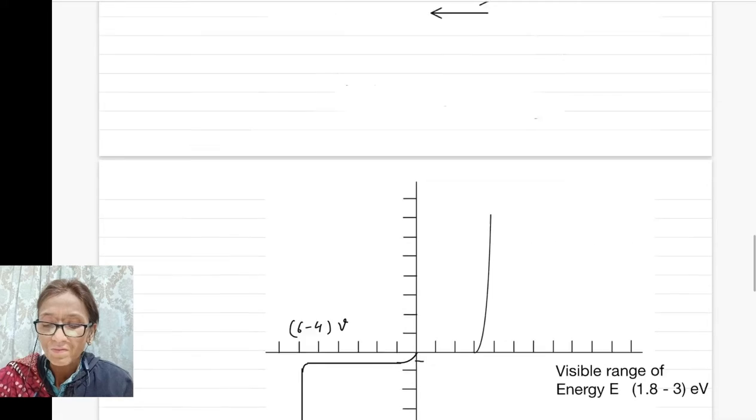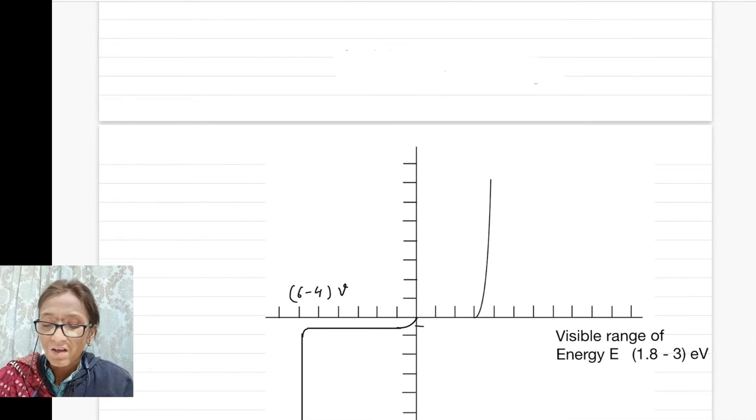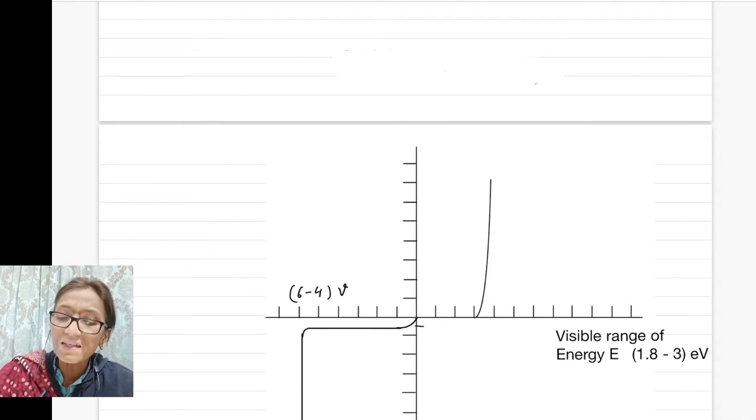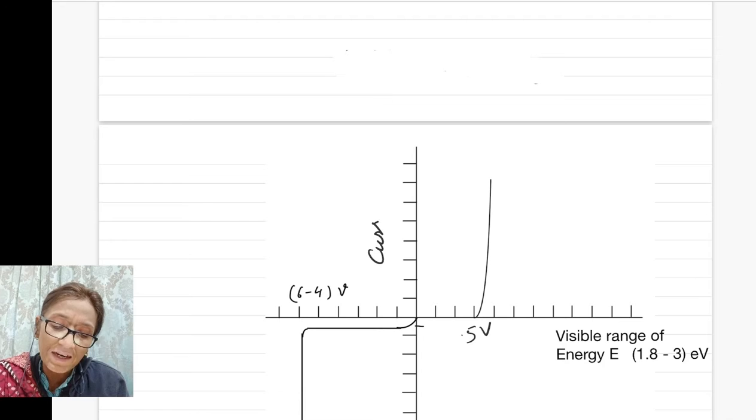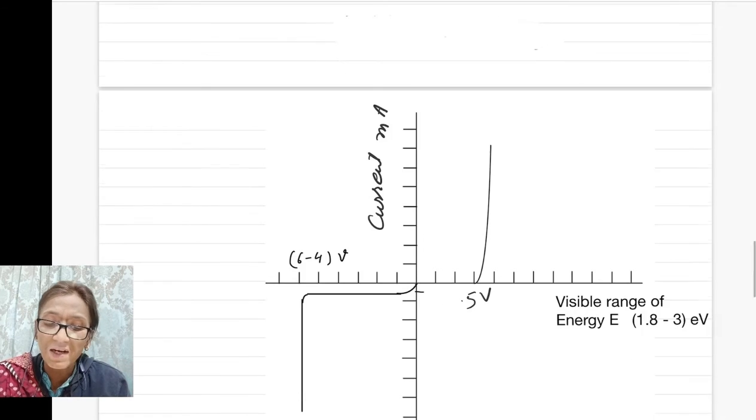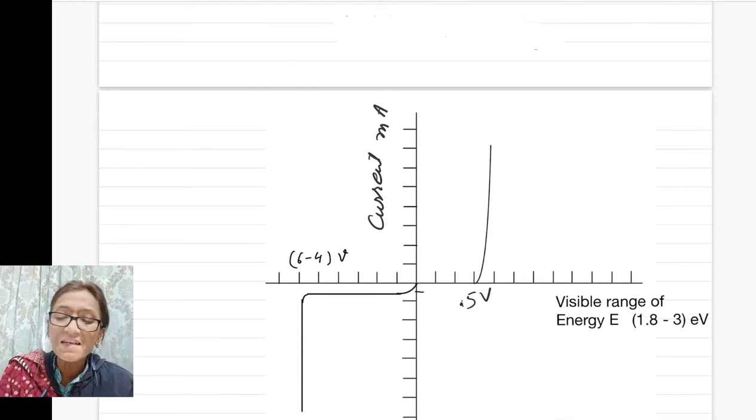Now, for a general PN junction, you can find that at only 0.5 volt potential, charge starts flowing. We get current in milliampere. But its energy is very small.